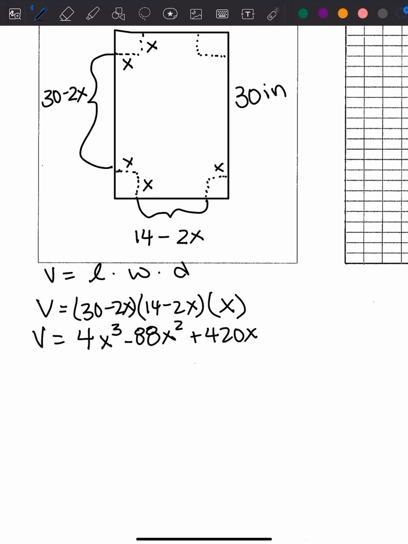So we multiplied the two binomials in our parentheses and then multiplied everything by x. What we're going to do from here is this is the equation that we want to maximize. So this is the equation we need to take the derivative of.